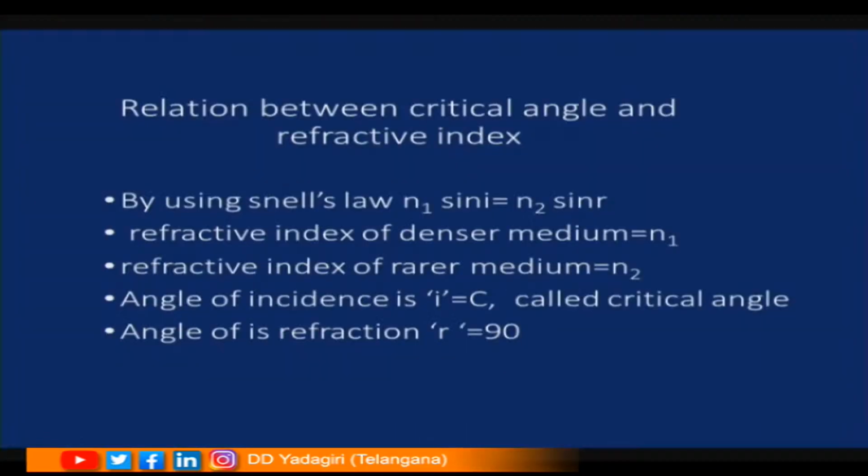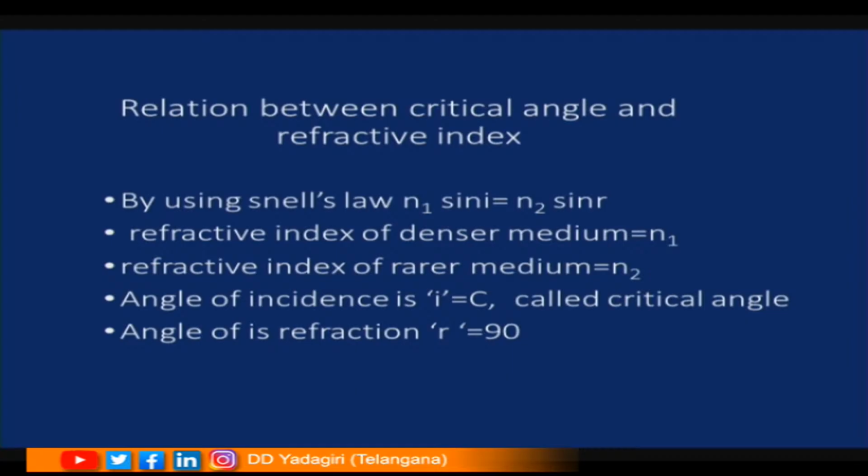Now, we will discuss whether there is any relation between the refractive index and the critical angle of the given pair of media. By using Snell's law, n1 sin i is equal to n2 sin r. Here the refractive index of the denser medium is n1, and the refractive index of the rarer medium is n2.